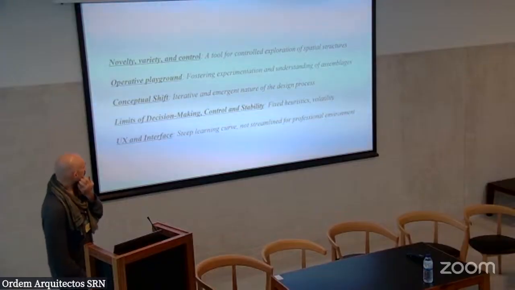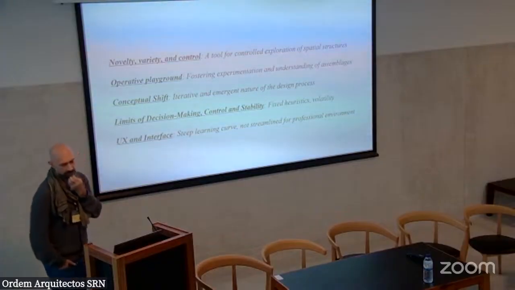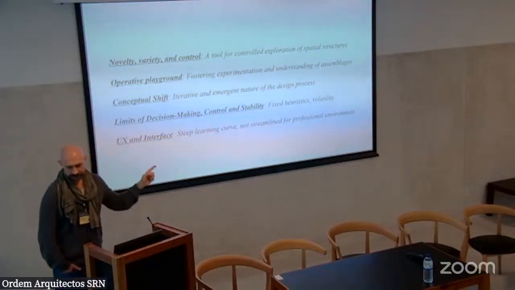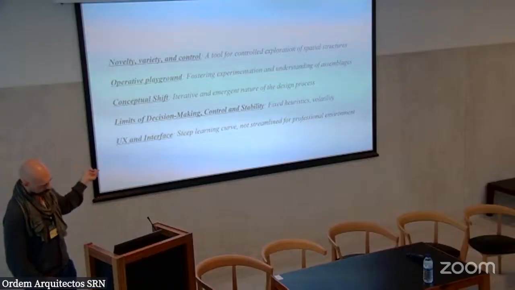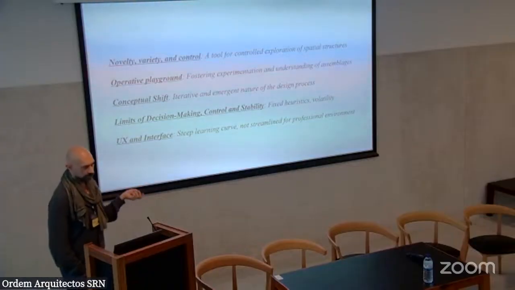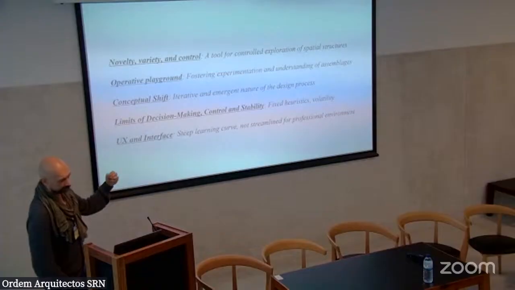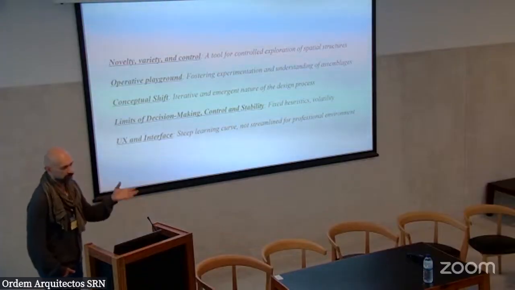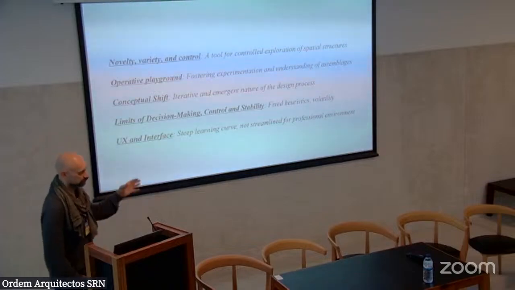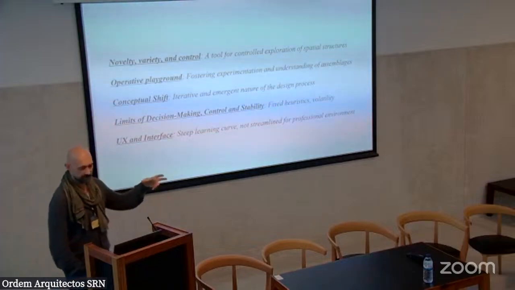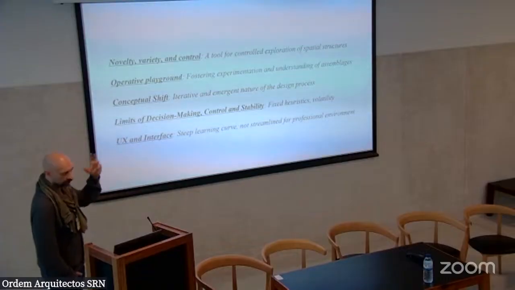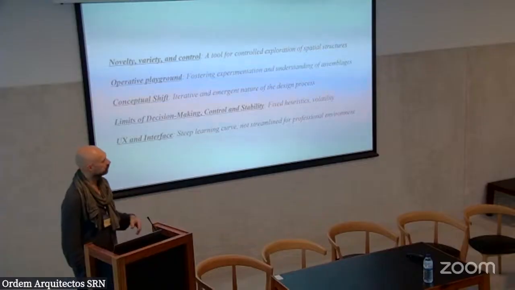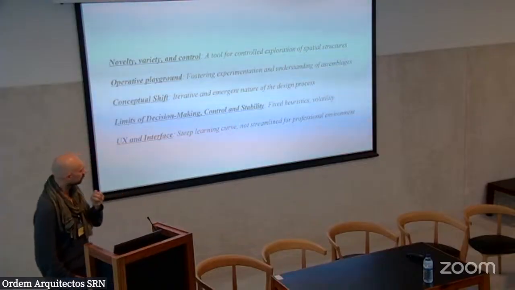There are certain limits of decision-making for control and stability. Assembler right now relies on fixed heuristics; trying to implement certain reinforcement learning techniques aims at overcoming this kind of limitation. There is the possibility to write your own heuristics to a certain extent, but they are still fixed. Reinforcement learning is something different because it doesn't rely on fixed decisions, but on something else.